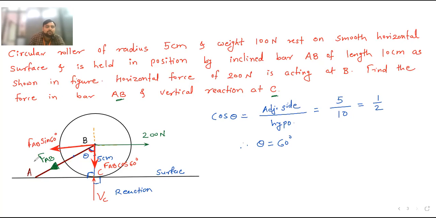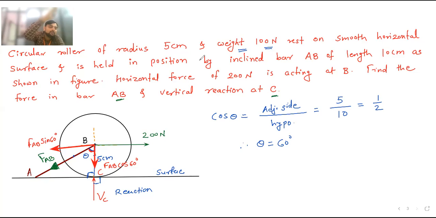Now in addition to this, they have also given the weight. The weight of this circular roller is 100 Newton. You know that weight is always acting through the center of gravity, and it is always acting vertically downwards, whatever the body may be.